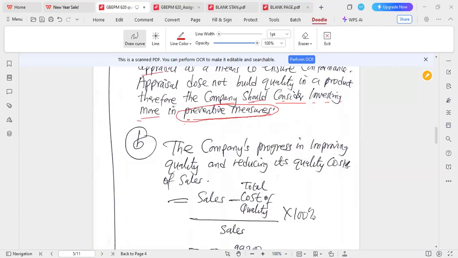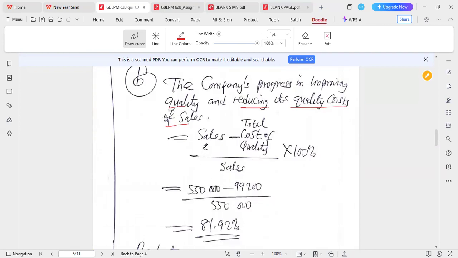The company's progress in improving quality and reducing quality costs of sales. So sales minus total cost of quality, so meaning 550,000 minus 99,200 as the cost. Okay, and then this was sales.